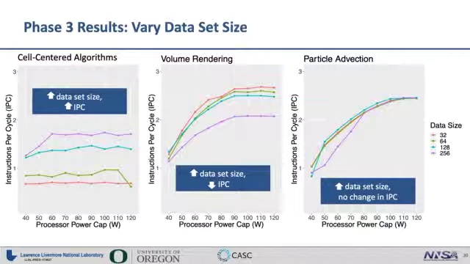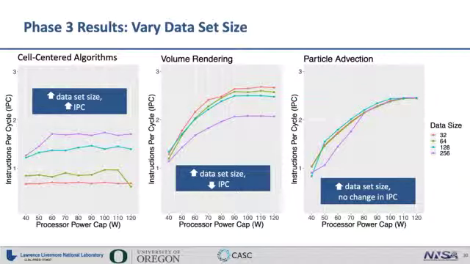The algorithms that fell into this category tended to be our cell-centered algorithms like threshold and contour, where we are walking across all the cells in the data set size and performing some computation. As the data set size increases, we start to amortize the cost to load and store each data set, and the number of computations or the level of computation starts to dominate the workload.